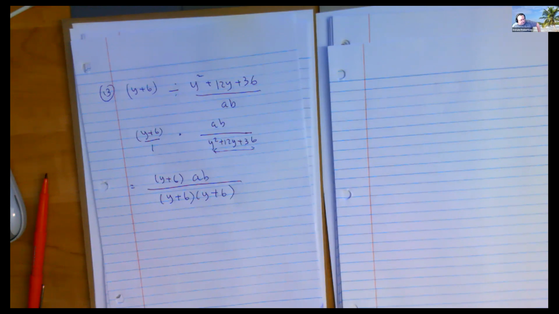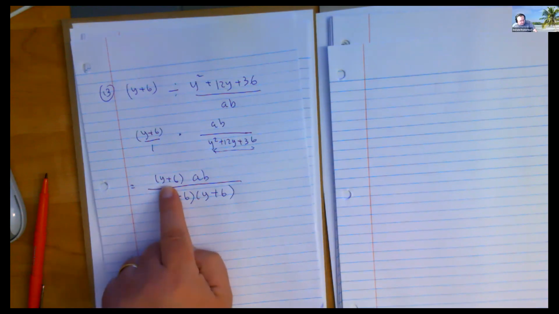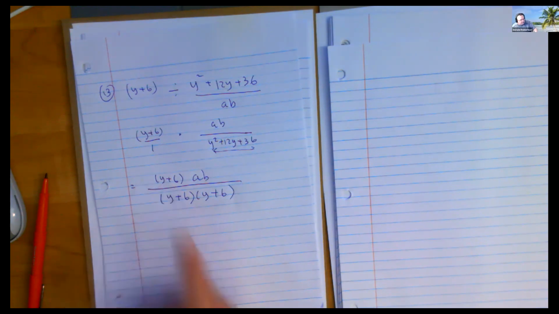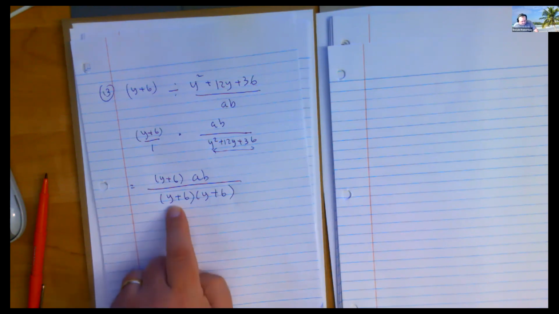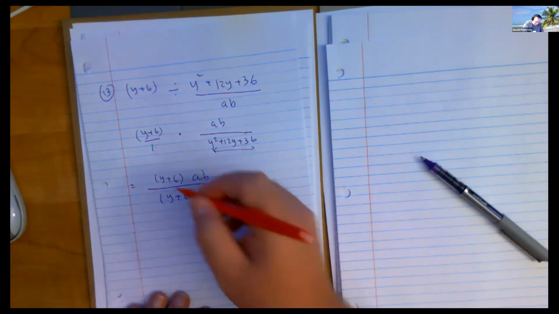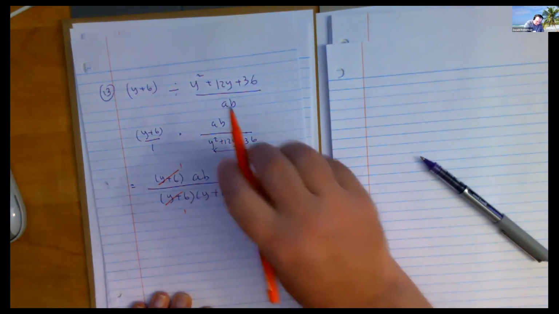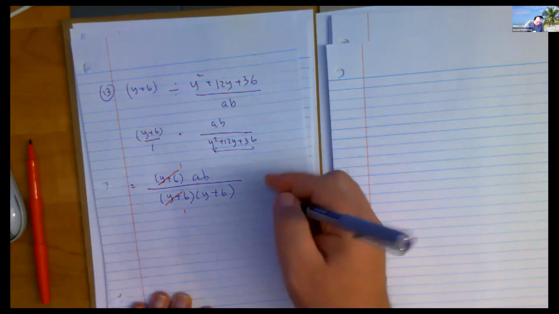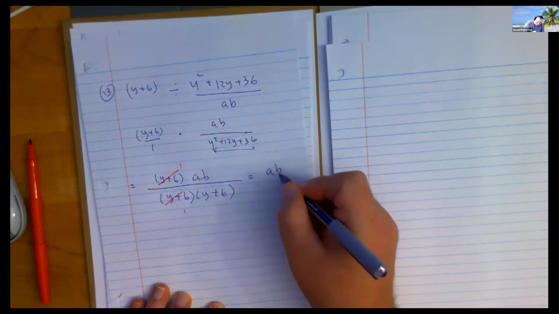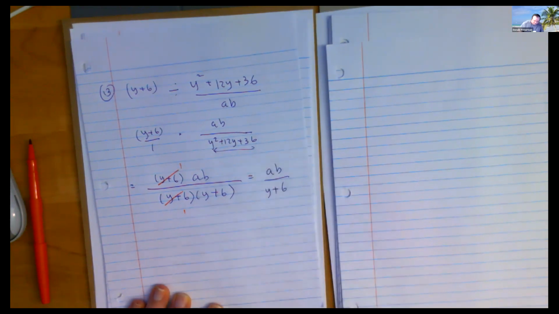There's a kind of clue. Can you see the clue is that the top has a y plus 6? So I'm assuming that the question has some kind of cancelling in it. Most of them should, right? That's why I went this way. That means I can cancel 1 for 1, and we are left with our final answer. So it wasn't that long, right? It was a pretty nice question.